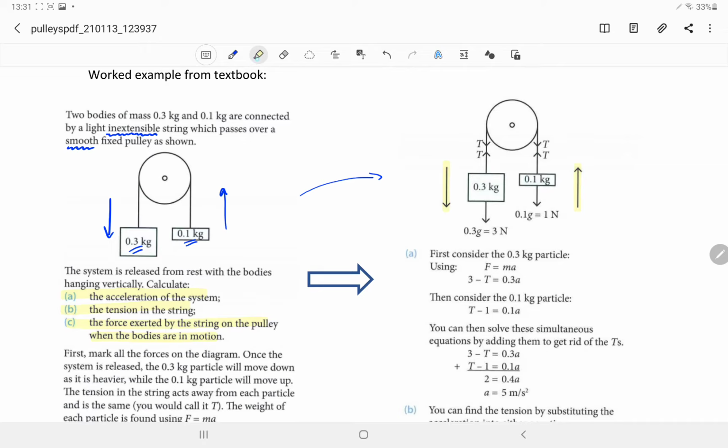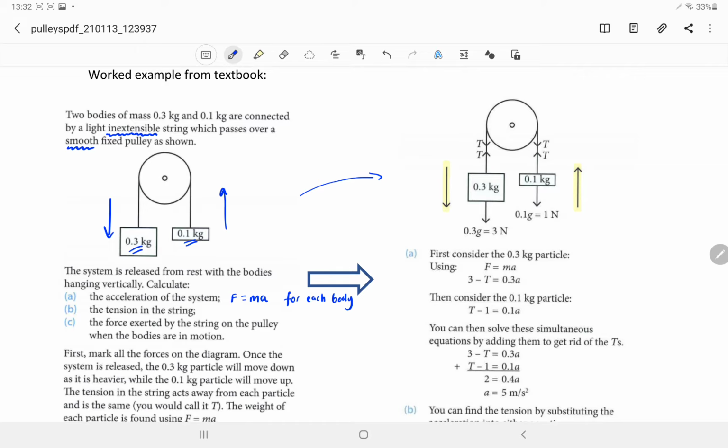So for the first question, part A, for all of these questions you're going to do F equals ma. And you're going to do that for each of the two bodies. So in this example you're doing F equals ma for the 0.3 kilograms and F equals ma for the 0.1 kilograms.